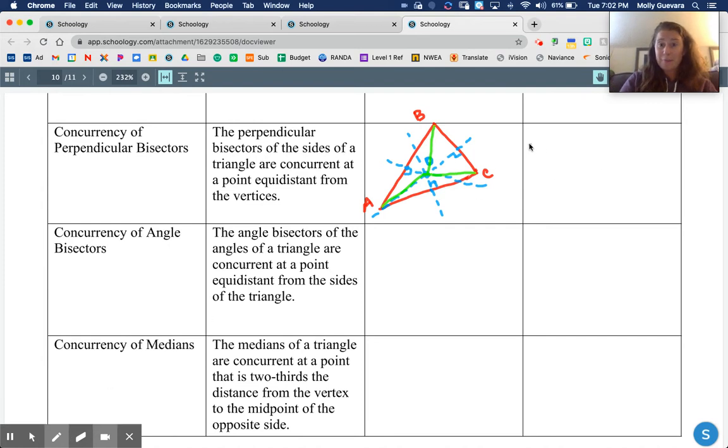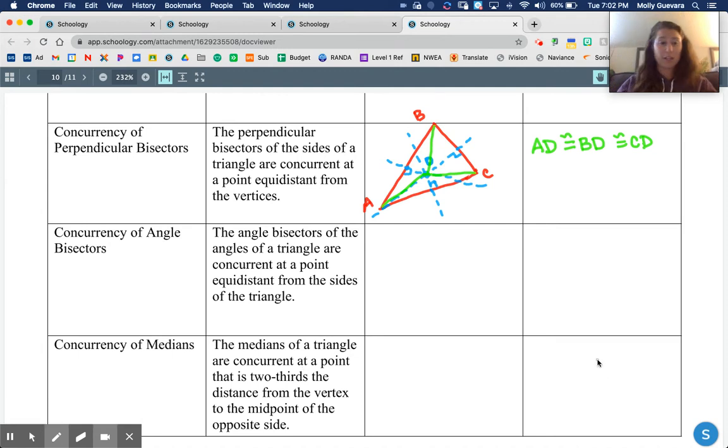So AD is congruent to BD, which is congruent to CD. So once you found that circumcenter, that point where all of the perpendicular bisectors touch, that point is equidistant to the vertices, which is super cool.